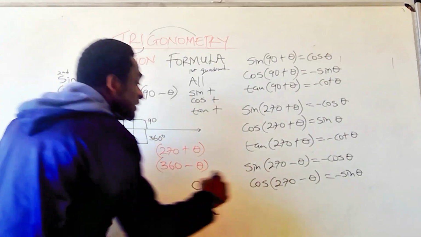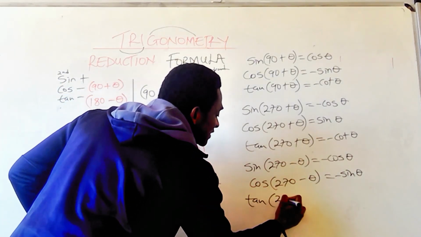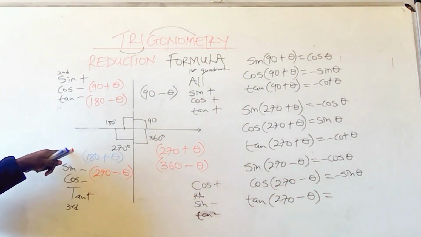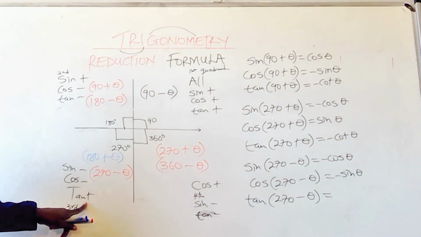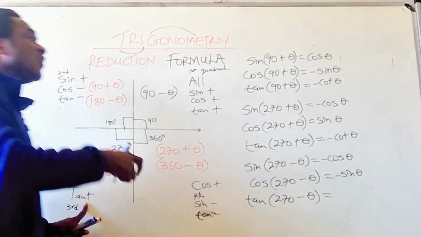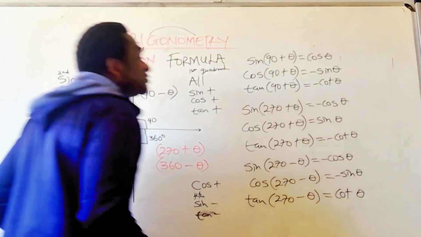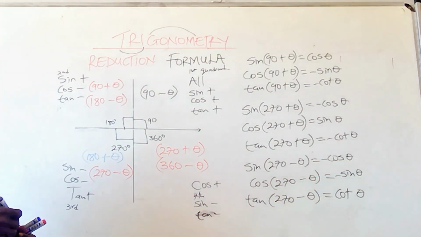And then the last one is tan of 270 minus theta. Tan is positive on this quadrant, so the cofunction will also be positive, cot theta. So these are the cofunctions that we have.